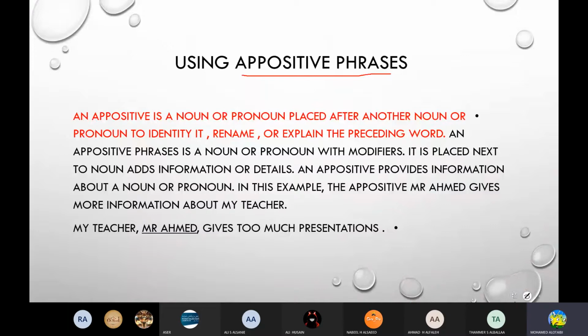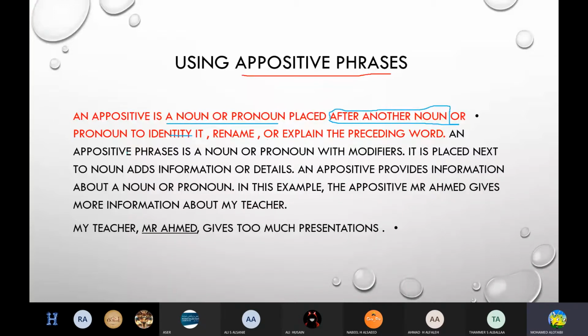An appositive phrase is a noun or pronoun with modifiers. It is placed next to a noun or pronoun and adds information or details. An appositive provides information about a noun or a pronoun.